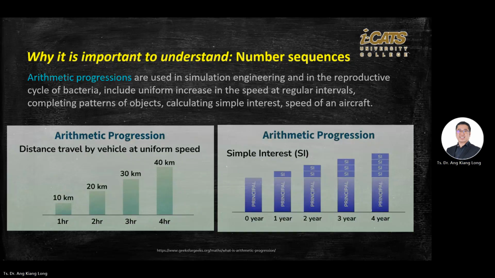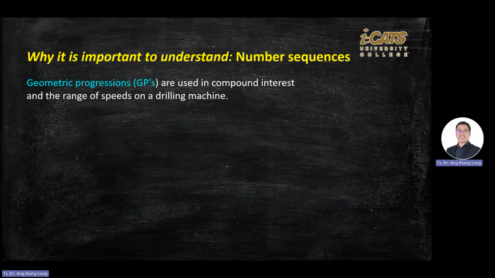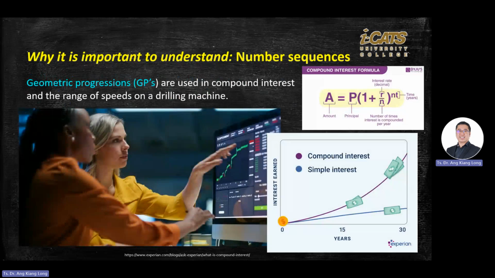Another type is called GP. In GP, you will see an exponential graph, or a quadratic graph, and so on. Log graph, e graph, right? So this is a simple illustration of what is GP and what is AP. There are two types of data that you will see in this chapter.